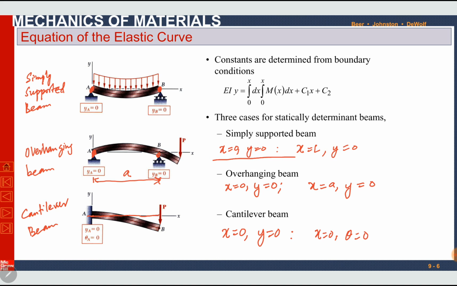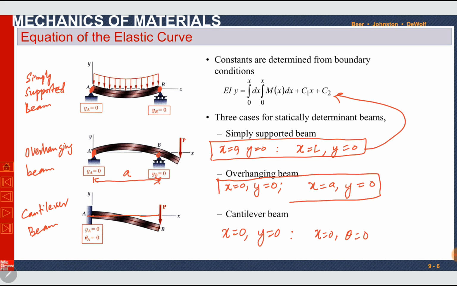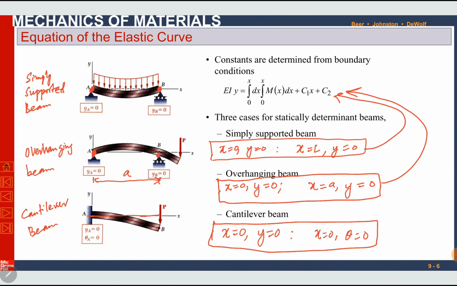In the case of a simply supported beam, we have two boundary conditions, both related to y: y equal to 0, y equal to 0. So both of these can be inserted into the expression of y. Similarly, for the overhanging beam, we have two boundary conditions, both related to y. For the cantilever beam, we have one condition for y, the other for theta.